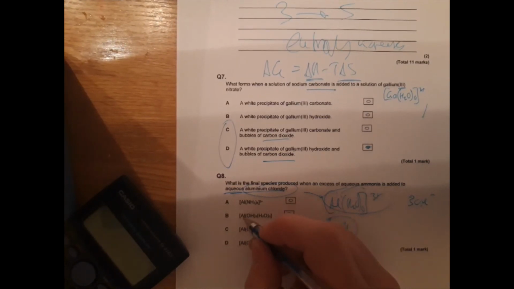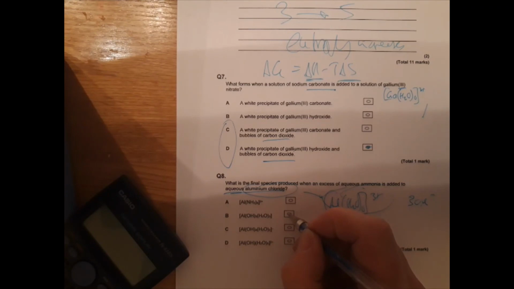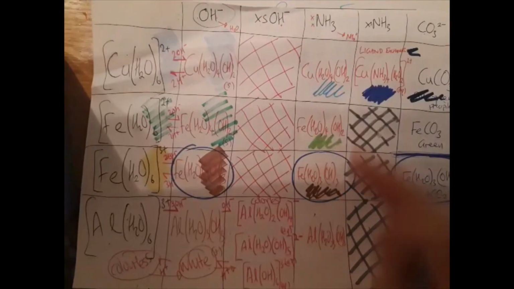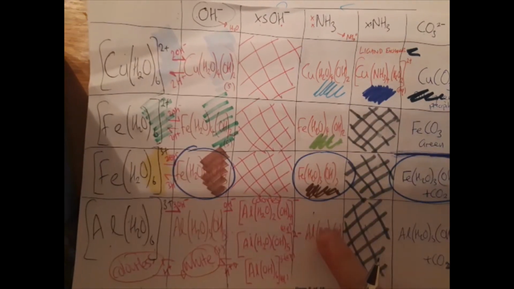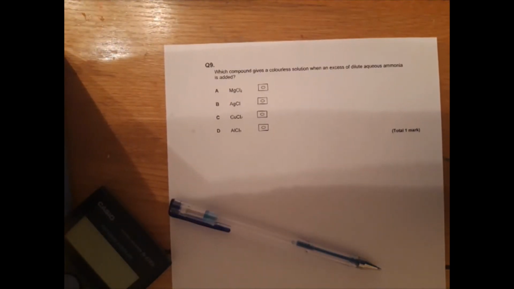Yes, there are 3 Cl- ions, so what? Aqueous ammonia, you're going to make the white precipitate. Ammonia, it's there. It's the last one.